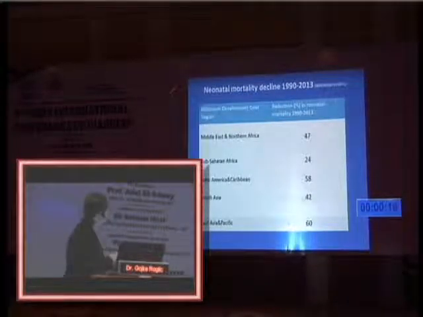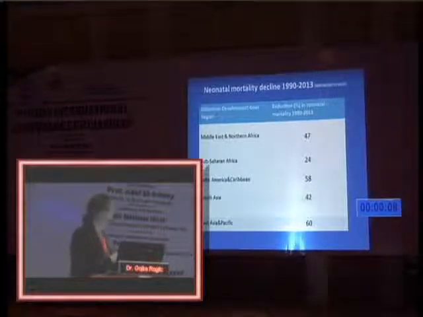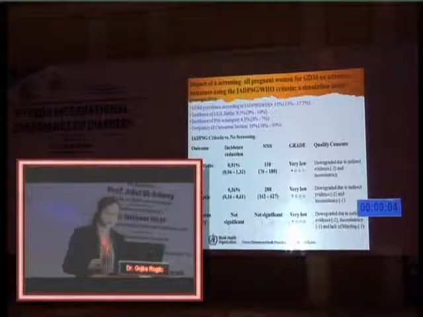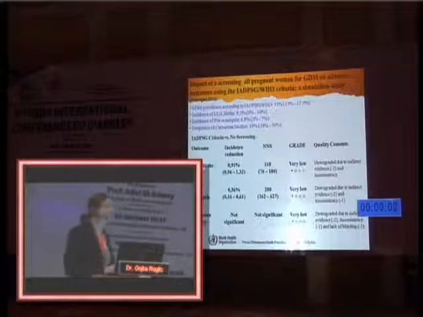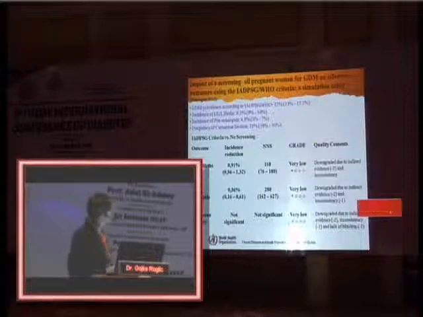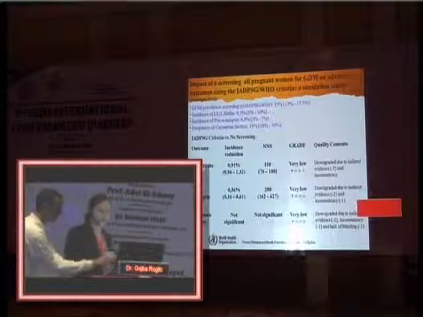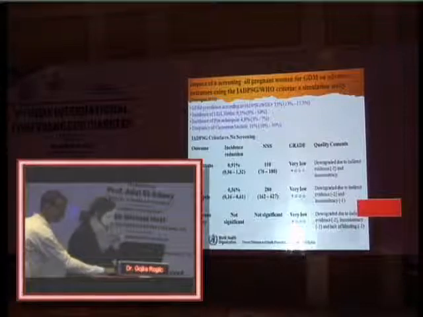And similarly for neonatal mortality, the neonatal mortality has been reduced in this period in all regions of the world. And the answer to the question of how much would we reduce the burden of large babies or the number of women with preeclampsia if we screened every woman.